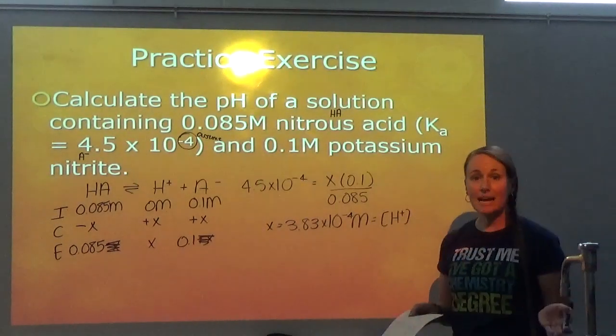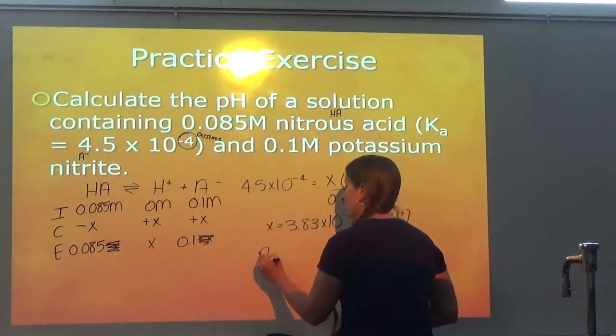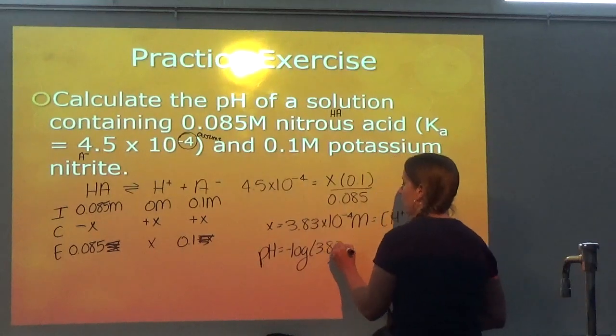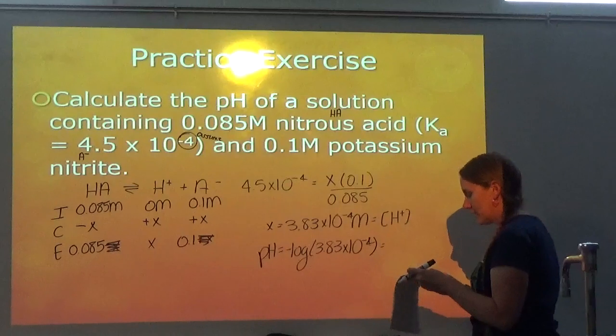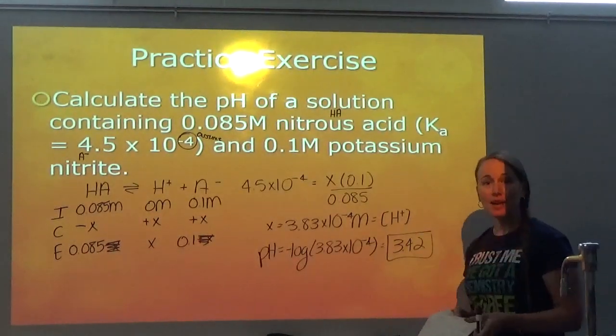But again, it didn't ask me for H plus concentration, it asked me for pH. So then I say, okay, well pH is negative log of H plus, which is 3.83 times 10 to the negative 4. And so once I solve, I got 3.42, just like that.